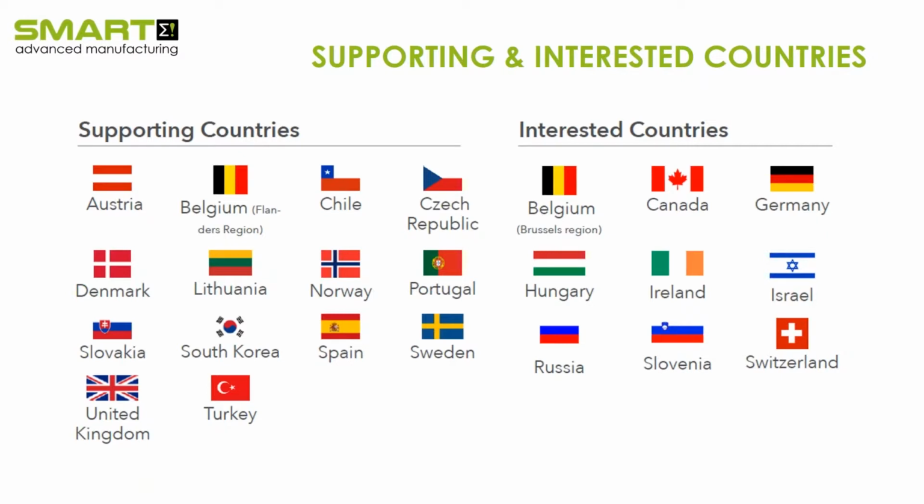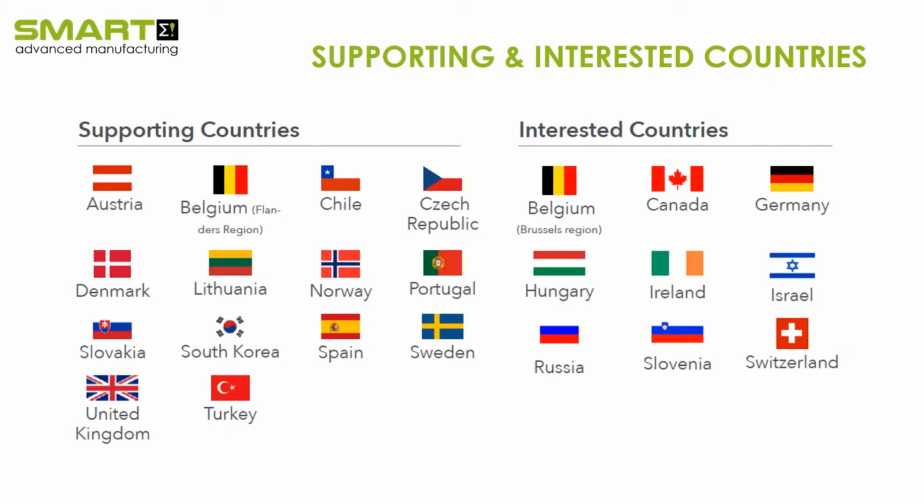And these interested countries have confirmed their interest in SMART, and they have also committed themselves to leverage national programs for supporting SMART. But they will analyze the funding of their national entities on a case-by-case basis. But of course, they have the national programs, and also partners from these interested countries can be members of the SMART project consortia.